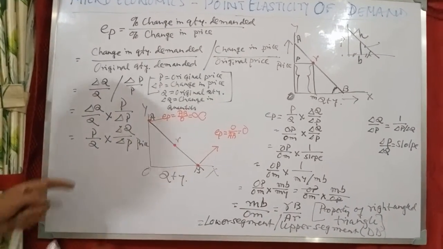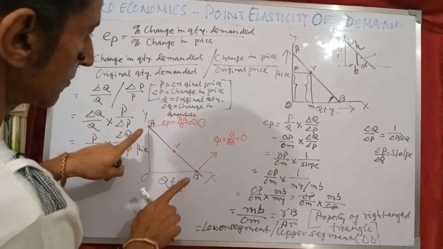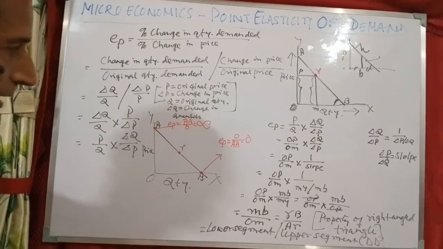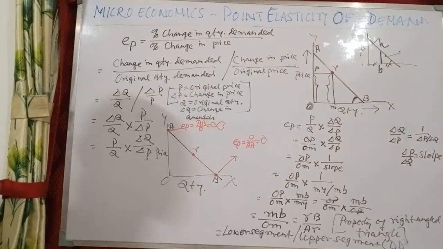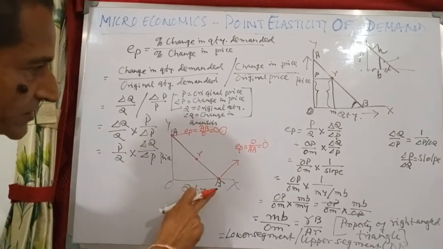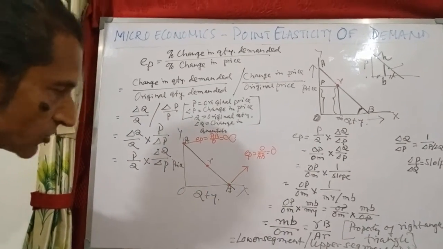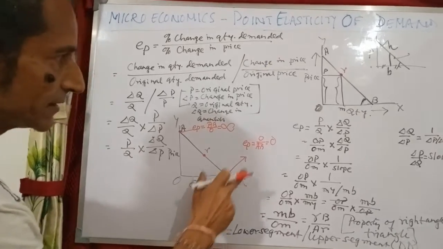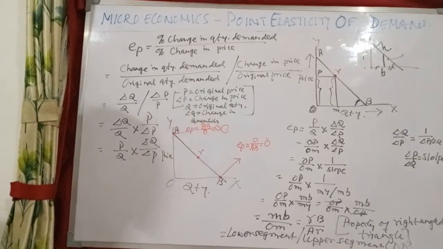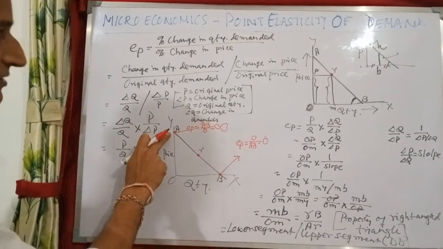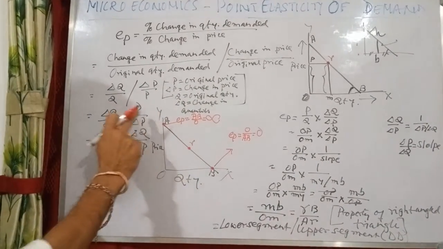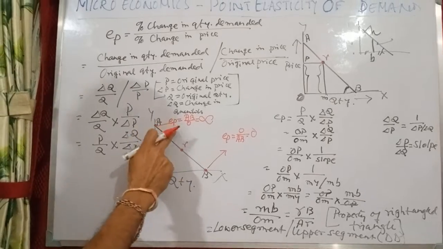So in these two extremes of the demand curve, at the point where the demand curve intersects the x-axis, elasticity is 0, and at point A, where it touches the y-axis, elasticity is infinity.